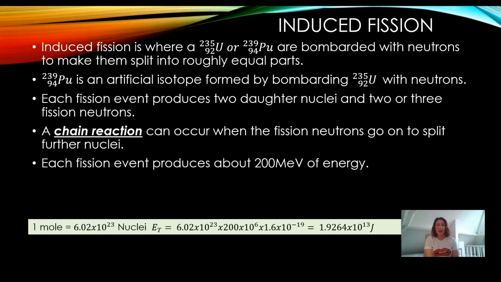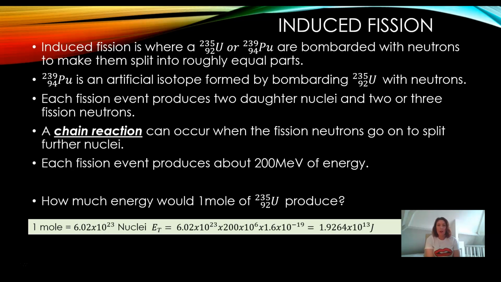Now, one fission event can produce about 200 mega electron volts of energy, and it's really important you remember that number. So if you had a mole of uranium and you could fission it all, how much energy would you produce? Well, in order to do that, you need to know that 1 mole has got 6.02 times 10 to the 23 nuclei.